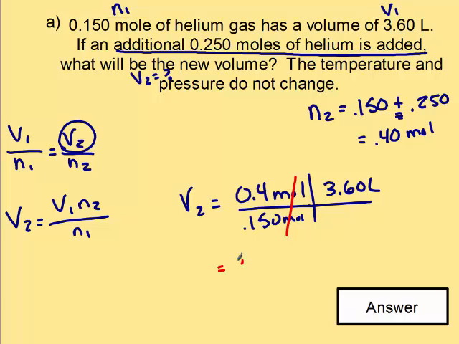And V2 in 3 significant figures is 9.60. And again, I need that 0 at the end to have 3 sig figs.